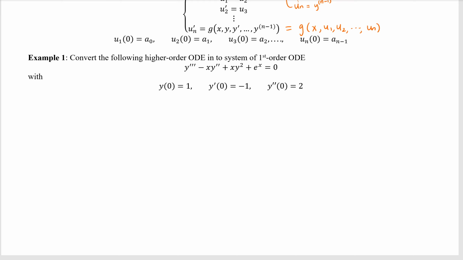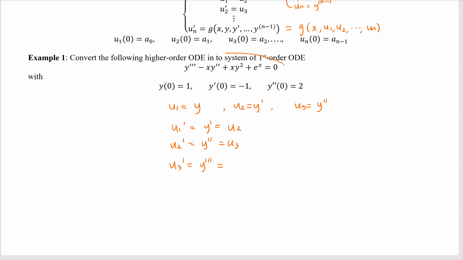Here we can let u1 be y, u2 be y prime, and u3 be y double prime, right? Then u1 prime is y prime, which is u2, u2 prime is y double prime, which is u3, and u3 prime is y triple prime.